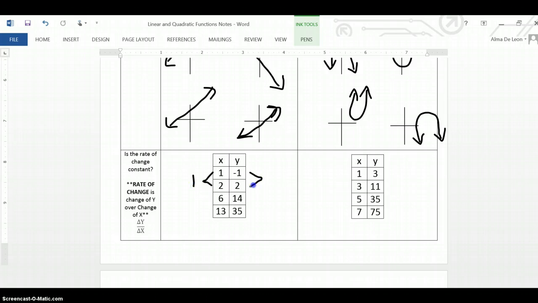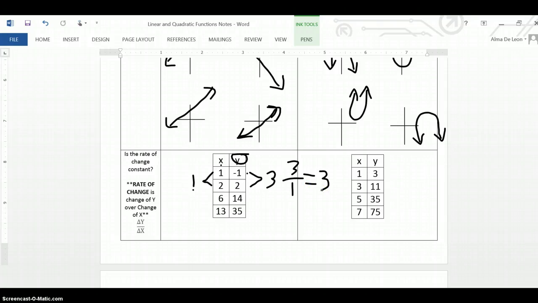The change between -1 and 2 is 3, right? Because 1 plus 1 will give us 2, and negative 1 plus 3 will give us 2. So the rate of change right here would be the change in the y, which is 3, over the change in the x, which is 1. So 3 divided by 1 is 3.